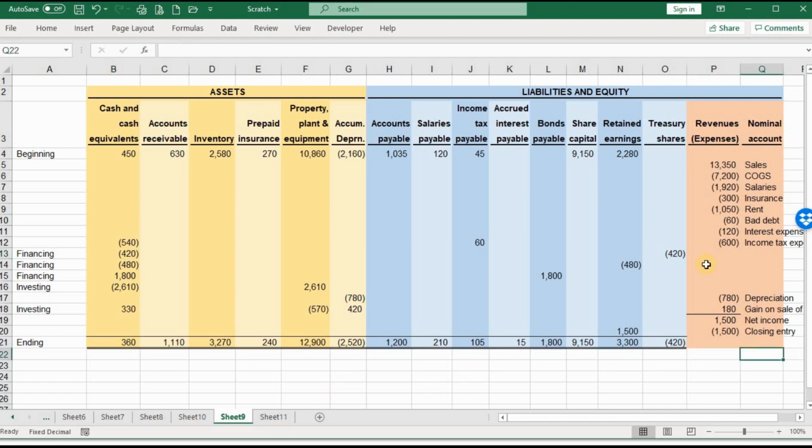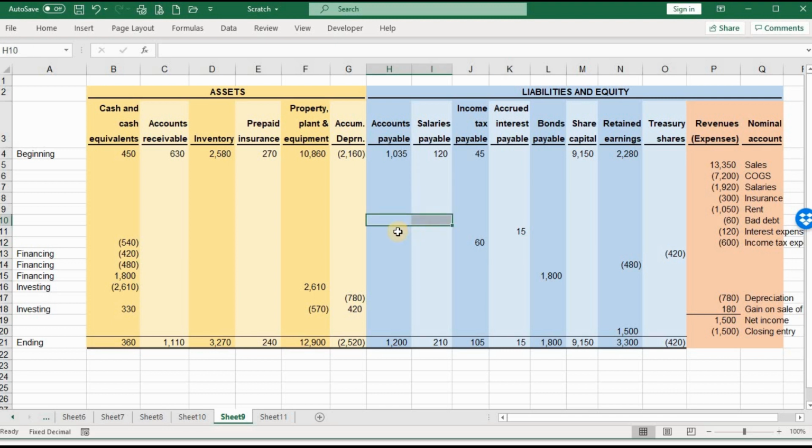Now, let's proceed to interest expense. The interest expense is 120 and its related account is the accrued interest payable. The accrued interest payable has an increase of 15 pesos because there is no beginning balance.